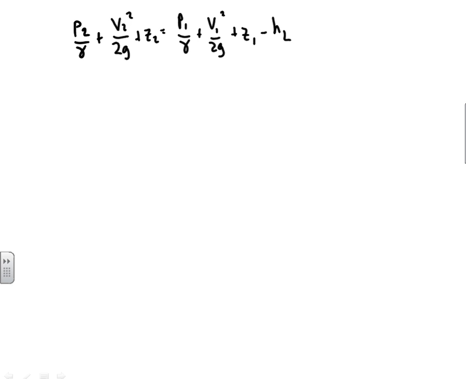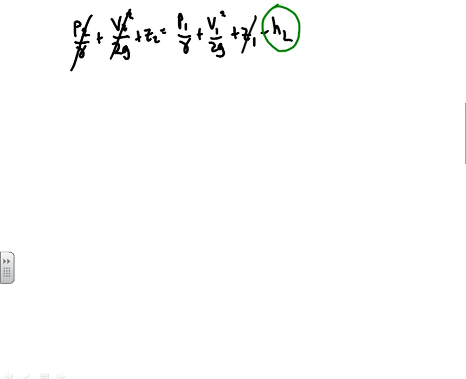Like I said, we're going to need the mechanical energy equation, and that's P2 over gamma plus V2 squared over 2G plus Z2 is equal to P1 over gamma plus V1 squared over 2G plus Z1 minus the head loss. P2 I said was equal to 0. V2 is also equal to 0. Z1 was equal to 0.